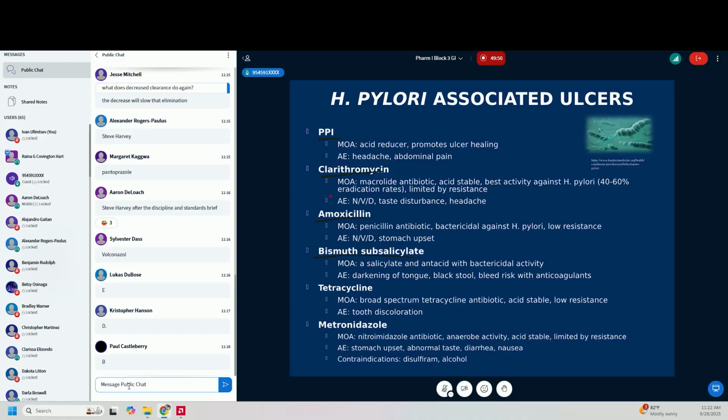But you have your PPI, your clarithromycin with your amoxicillin, making sure that you're understanding that that's one of your drugs of choice as well. This is in our first line. So our PPI, clarithromycin, and amoxicillin are a part of that first one that we want to do.